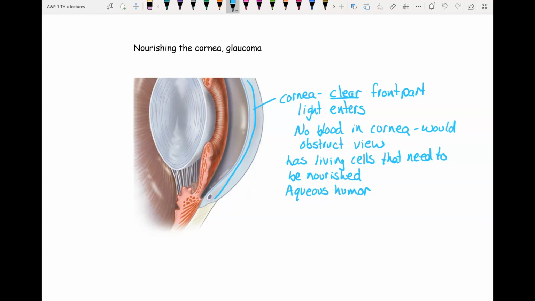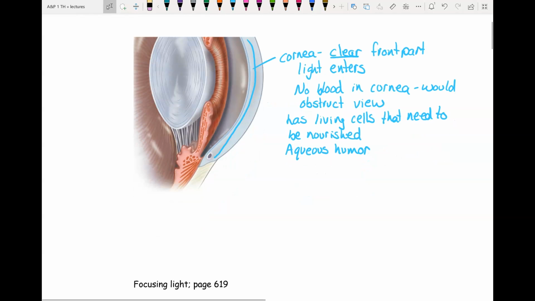Think about the pattern here. We've seen before other times where certain cells of the body are nourished by a separate fluid other than blood. So think about those other examples we've had. So aqueous humor is made by the ciliary process.